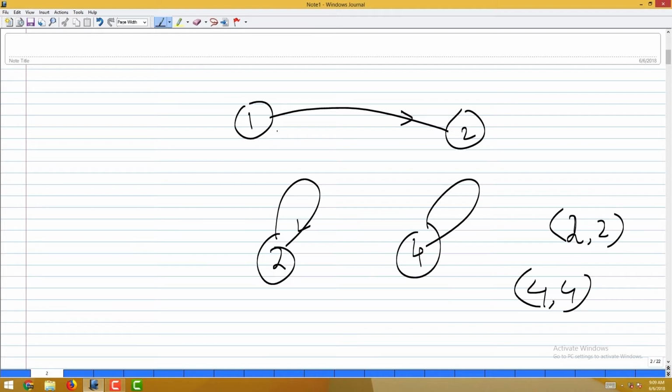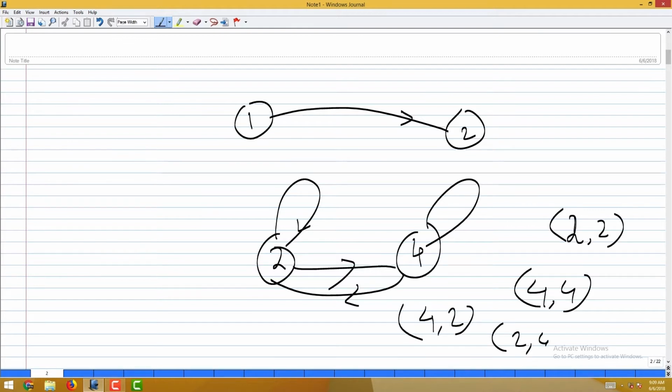When an edge 2 comma 4 is there, it will be like this, and 4 comma 2 will be like this. It is possible that both are available, 4 2 and 2 4, in a relation. Essentially, the relations defined on 1 to n can be mapped to the set of directed graphs.